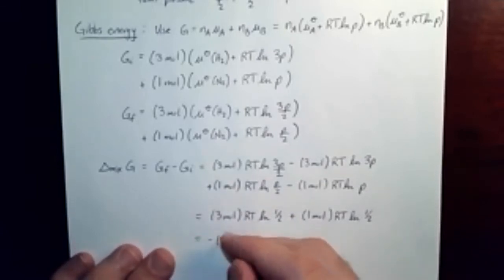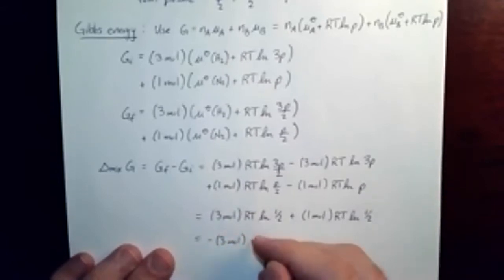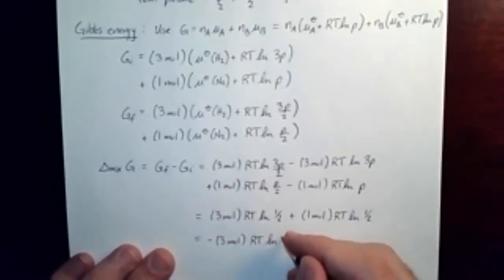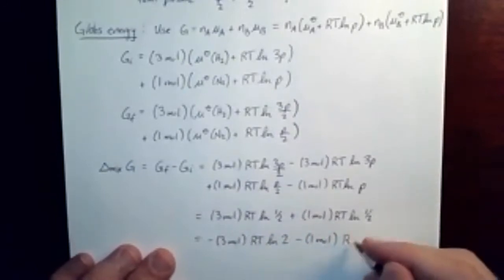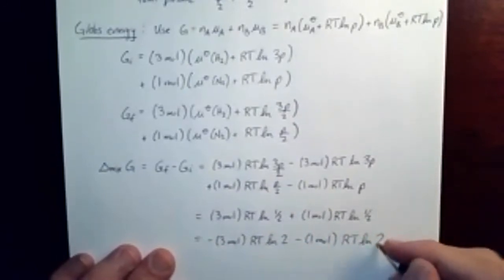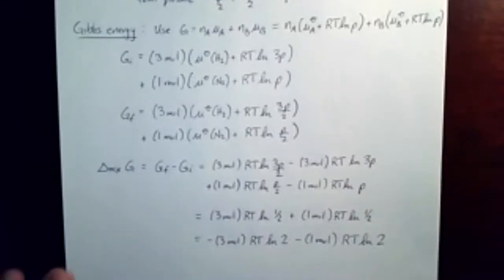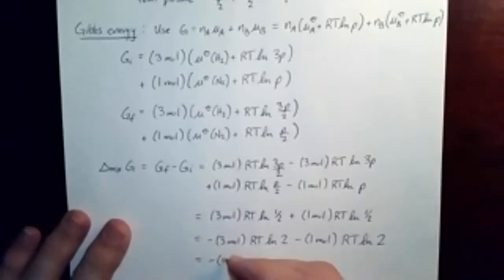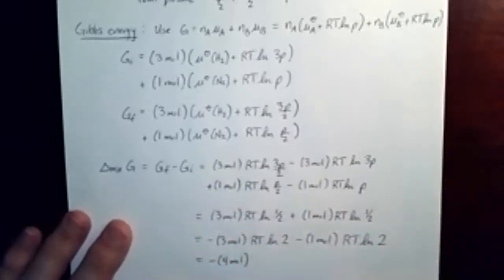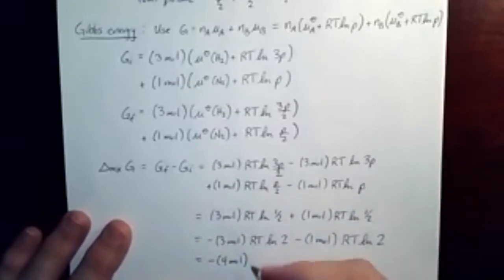So I get negative 3 moles RT ln 2 minus 1 mole RT ln 2. And I can combine this some more, because I have the same terms here. I'm going to get minus 4 moles.